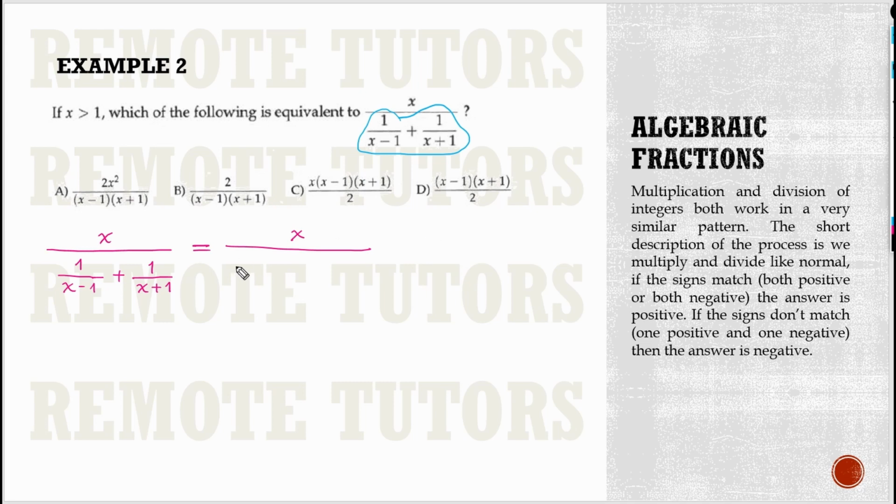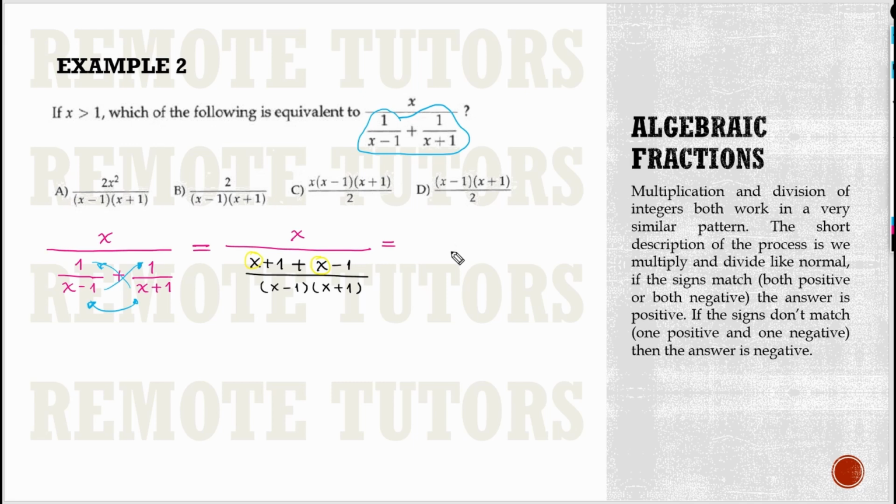Okay, so we get in the denominator x plus 1 plus x minus 1. Now don't forget that we cross multiply. This times this guy plus this guy times this guy, and then we will multiply the denominators. So this is x minus 1 times x plus 1. Next, we have to combine like terms here.